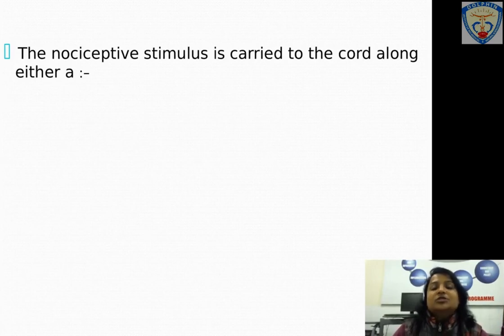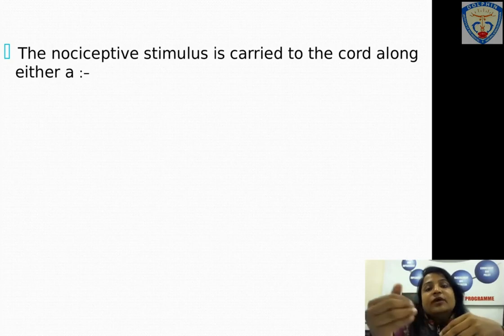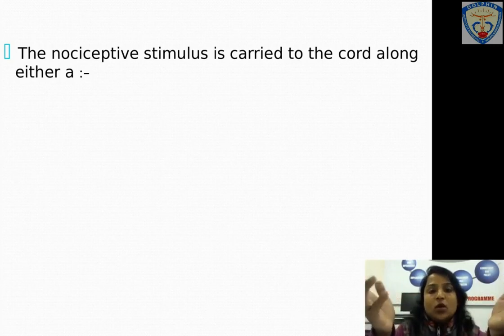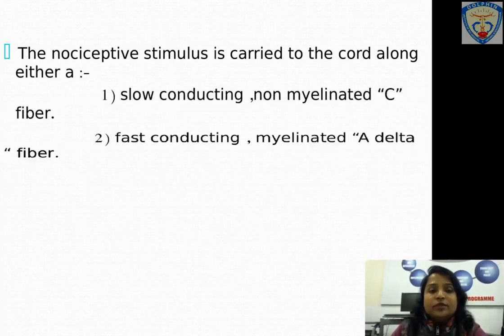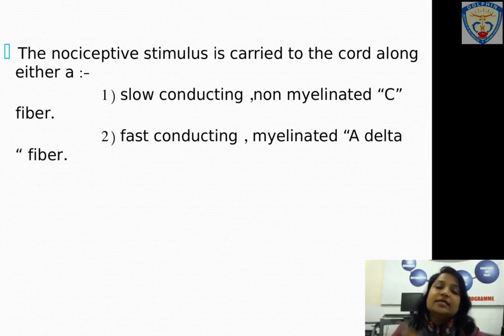So we should know how a person feels pain. Pain is received by various receptors present in the body, called nociceptors. These nociceptors receive the nociceptive stimulus, which is carried to the cord by various types of fibers. They are mainly classified as two fibers. One is the slow conducting non-myelinated C fibers.